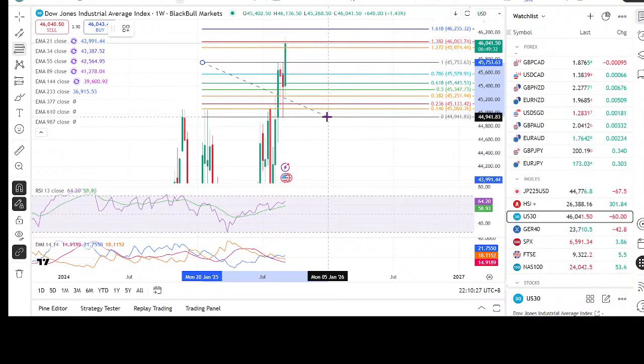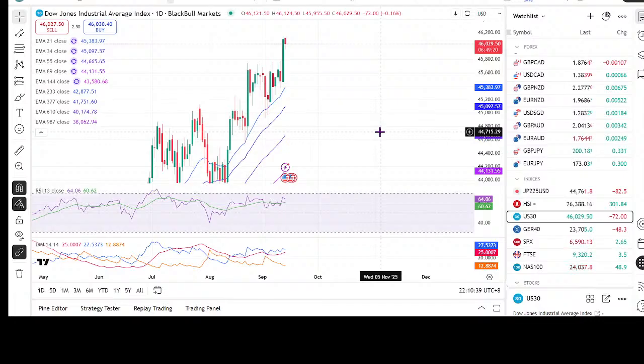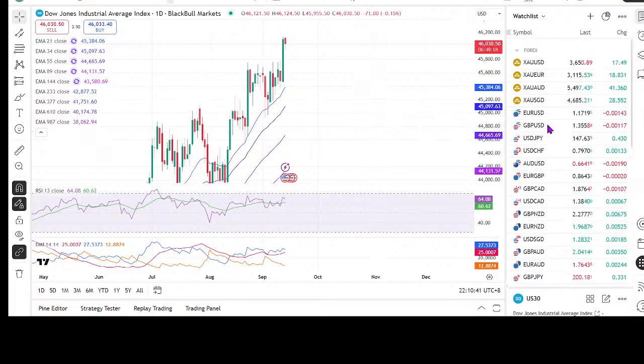So if we are doing a projection, we expect the price to go towards 46.68 and 46.260. Then when we go on to the daily, we are seeing the price below the open.